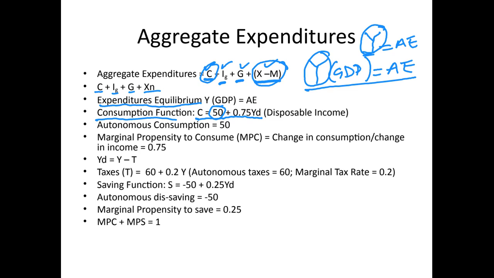So there's a specific term for this $50 million. This is called autonomous consumption. Remember this word, autonomous. By autonomous, I mean independent of the variable that is included in the function.